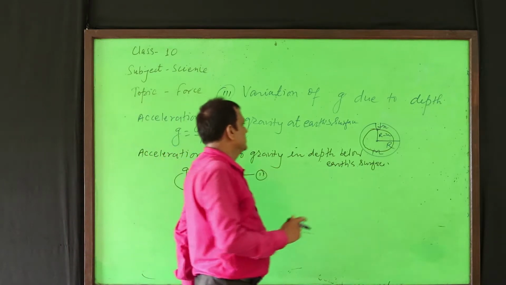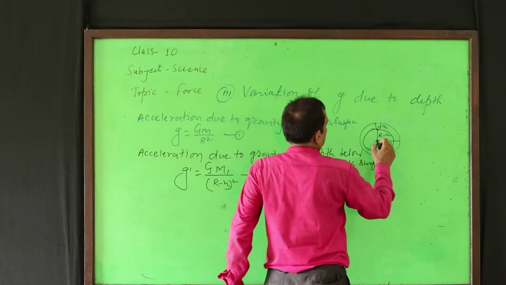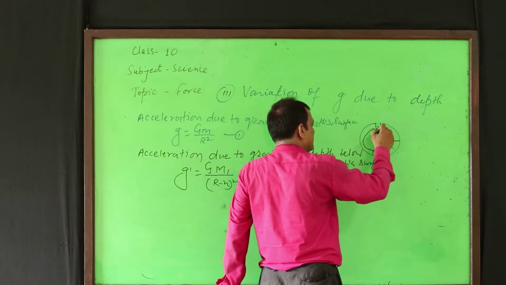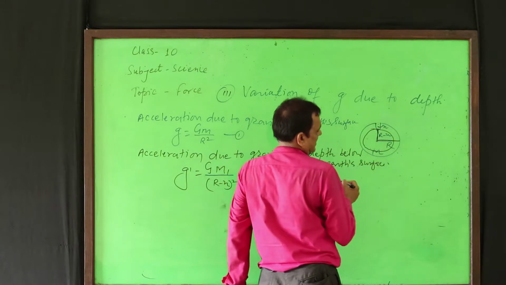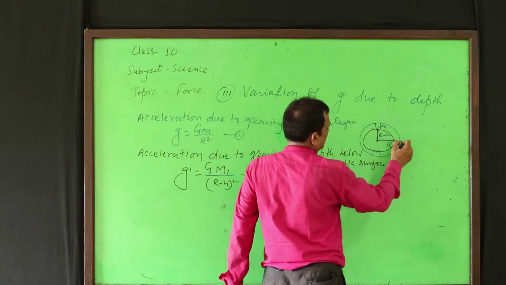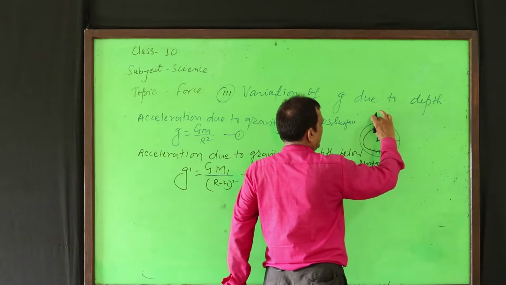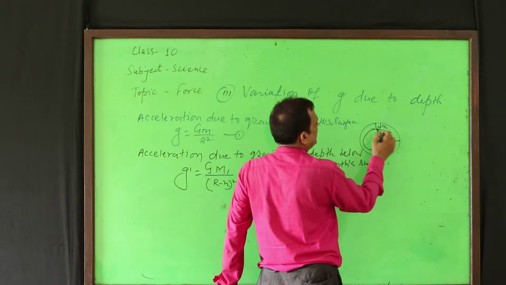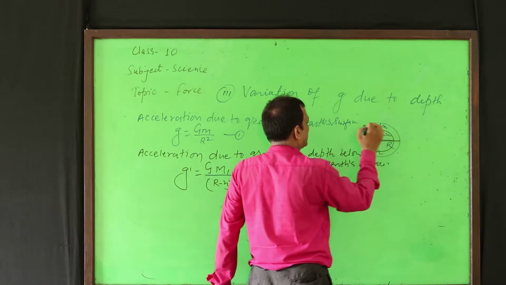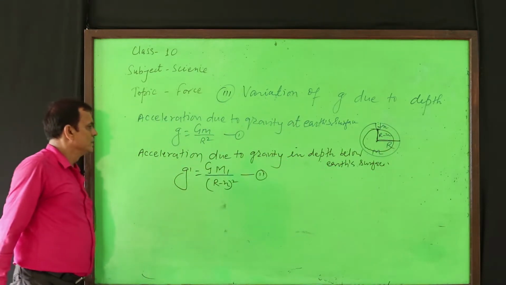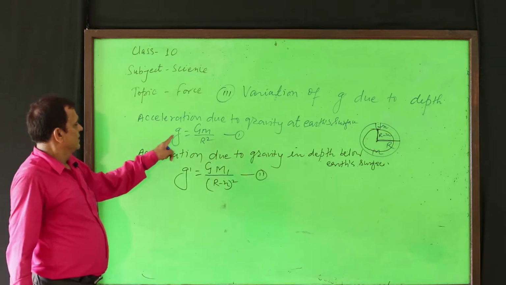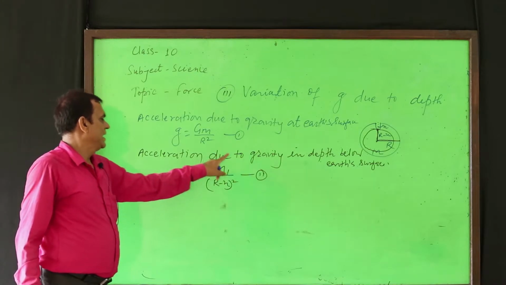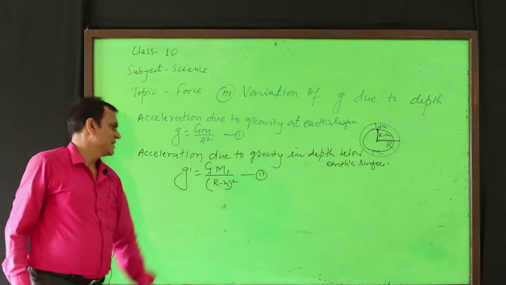Why? Because this R indicates the complete radius of the earth, but the radius of this part of the earth is only R minus x, because this is complete and this is the value x of the depth. When we subtract x from R, we get the radius of this part of the earth. So I wrote here g equal to GM by R square, and here g dash equal to G M1 by R minus x whole square.